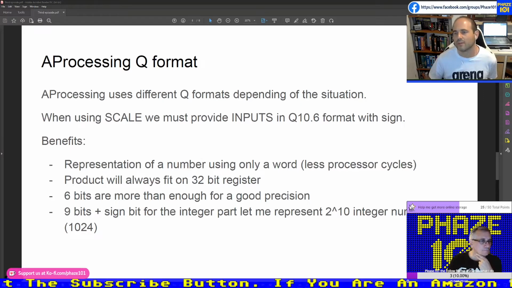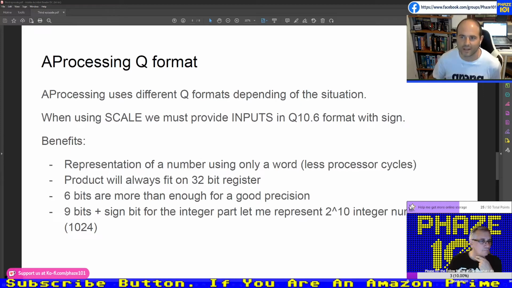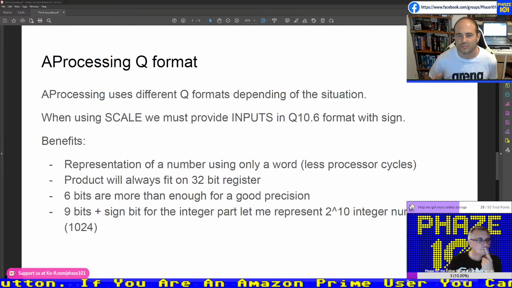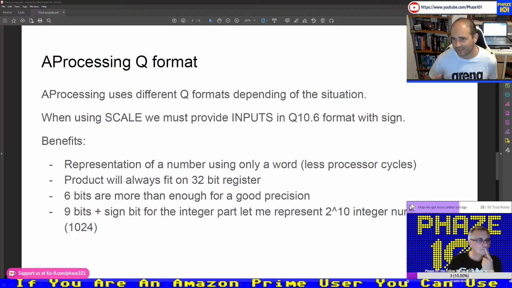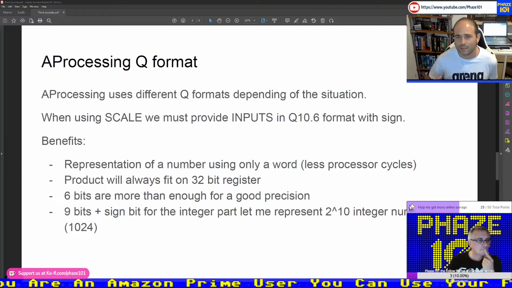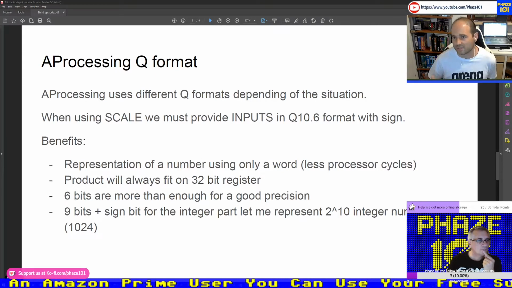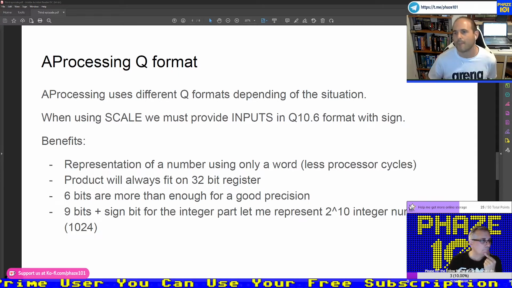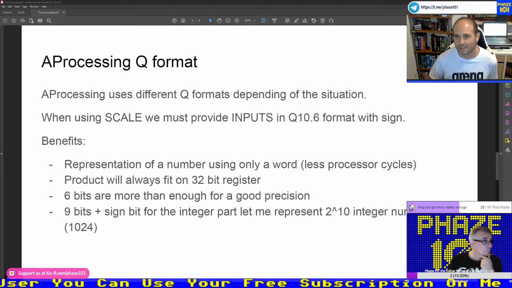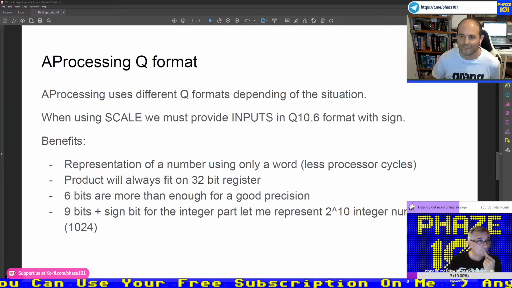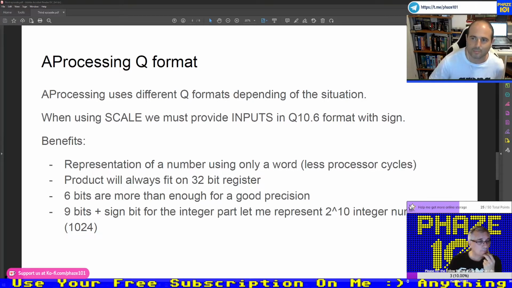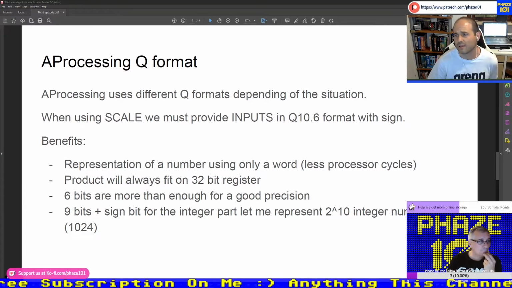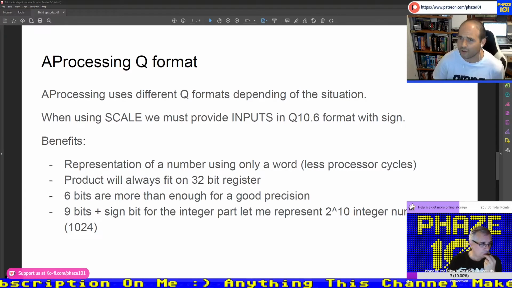Of course, on the downside, you can't represent very high numbers because I only have 10 bits to represent the integer part, and one of these 10 bits is reserved for the sign. So you end up with just 9 bits and you won't go very far with them, but to represent coordinates or scaling factors, for me it's more than enough.